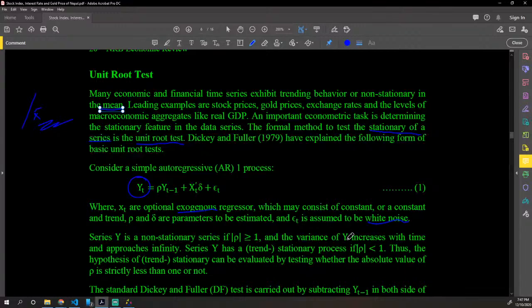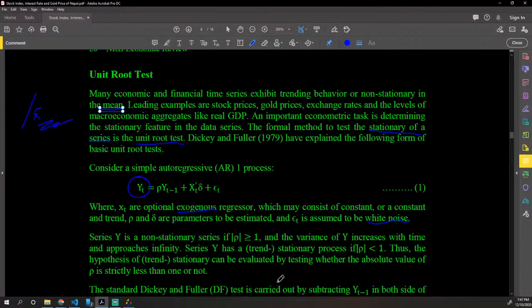The variance of y increases with time and approaches infinity. The variance of y increases, and the series y has a trend. A stationary process will basically have rho less than 1. So if it's non-stationary, that means it's dynamic, right?